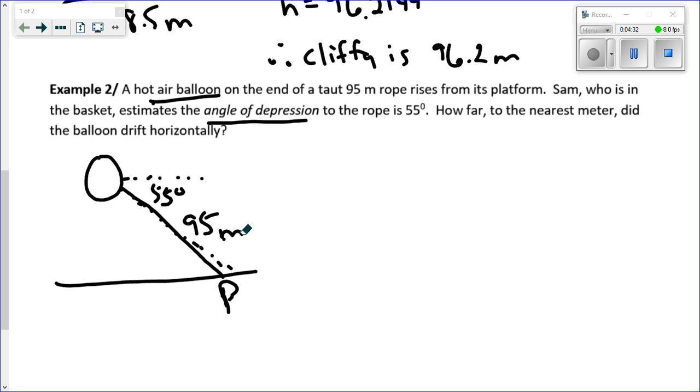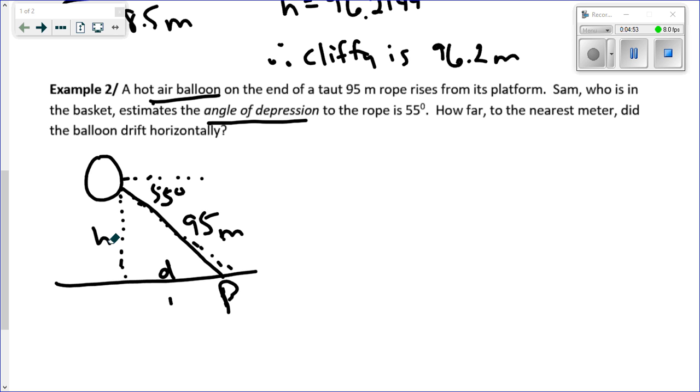How far horizontally? So we have the option of this or this. We don't actually care about the height, so I don't need that. The only one I got to define is D. But there are 2 ways you can approach this question.